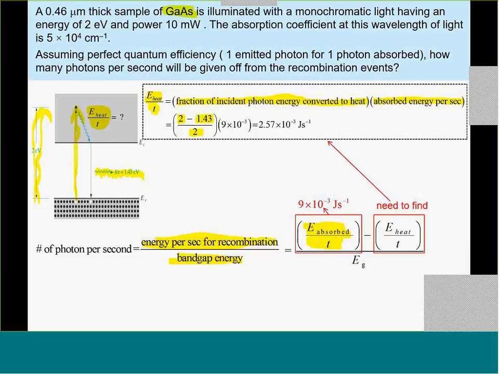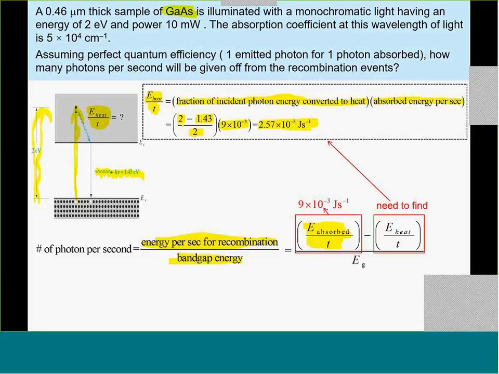And how much has been absorbed just now? We absorb 9 milliwatt. Then we have the amount of energy that has been lost as heat due to the lattice scattering. So we have it here now.